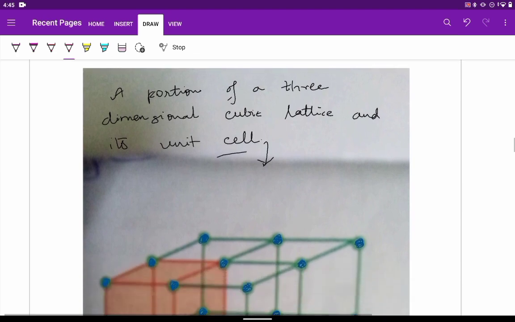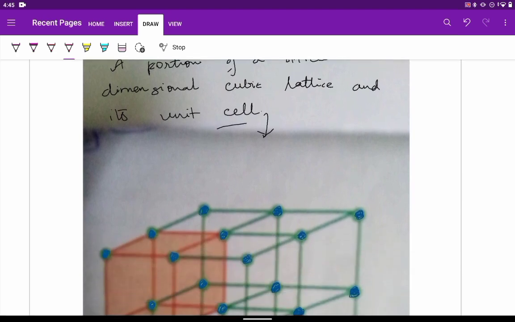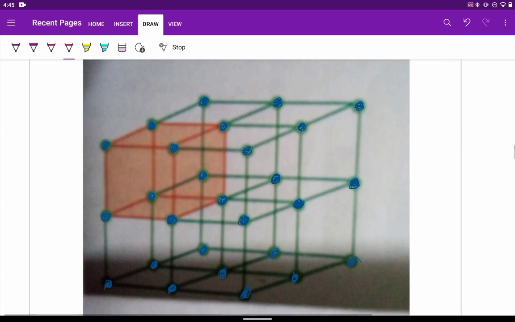This is a portion of a three-dimensional cubic lattice and a unit cell, which we can see in this figure. When we repeat this unit cell, shown in a different color, and put such unit cells all together, we get the three-dimensional cubic lattice.